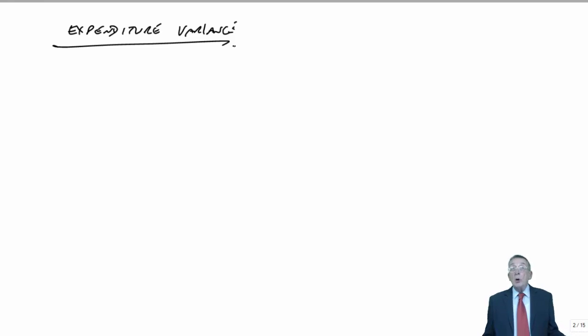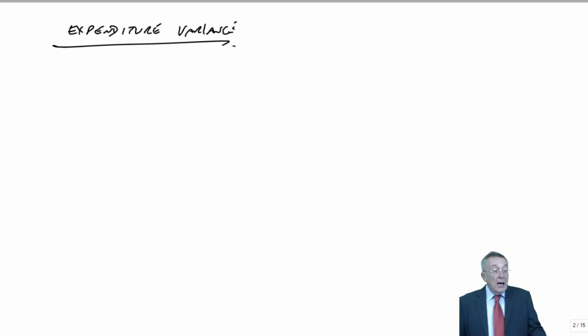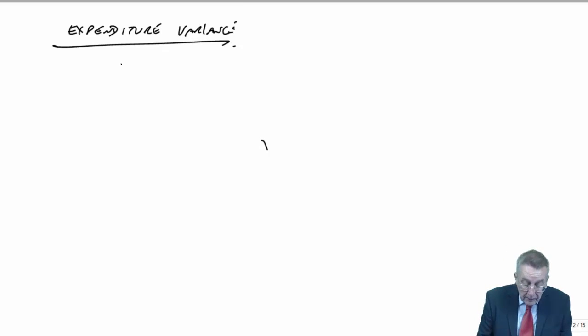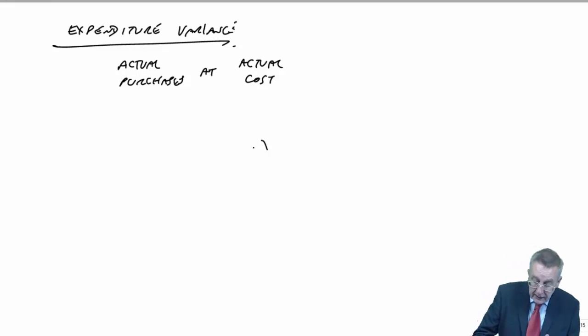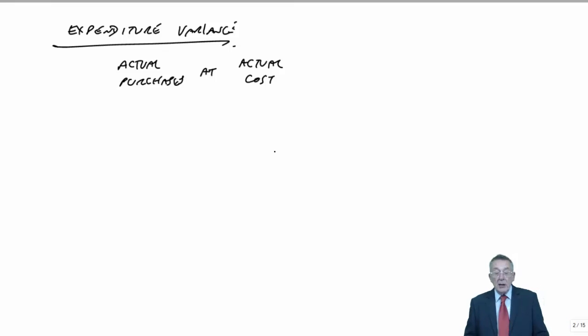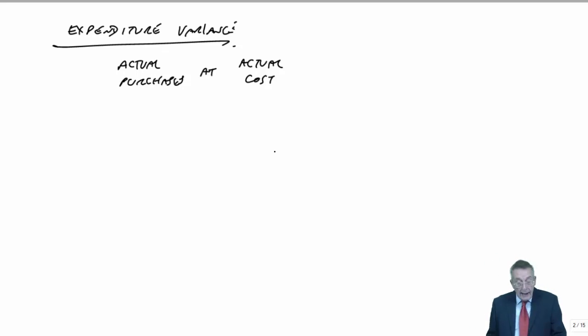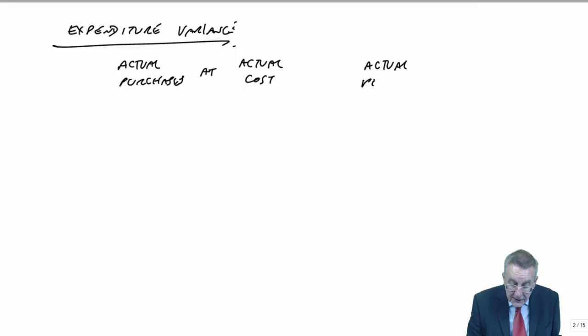And effectively the same way we always do it, the way we do it in basic variances, we take our actual purchases at actual cost. So you'll see in a minute, I'll do it in columns, but we compare it with what we should have spent, actual purchases at standard cost.